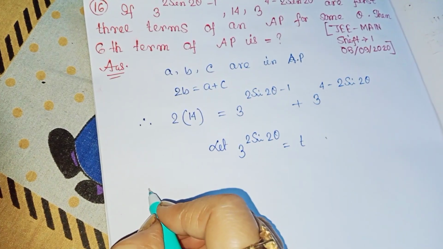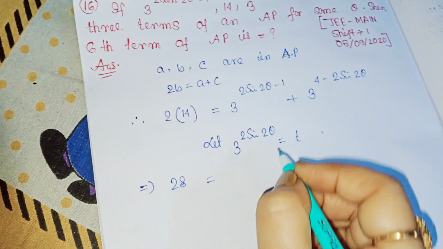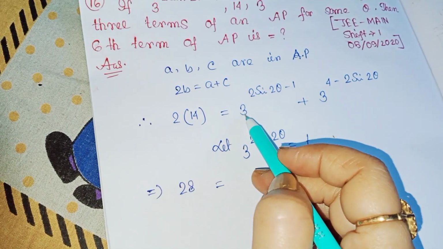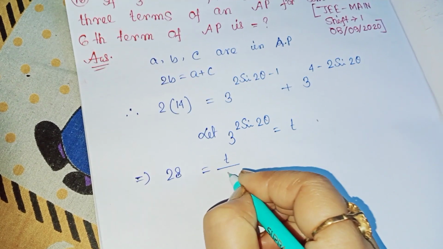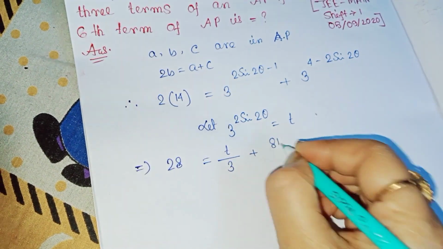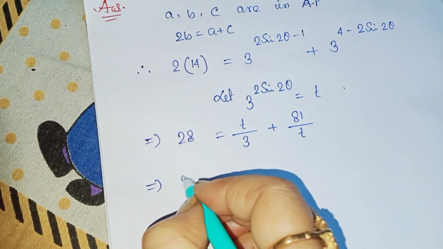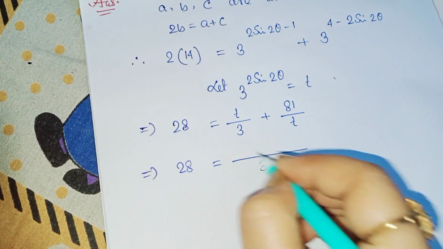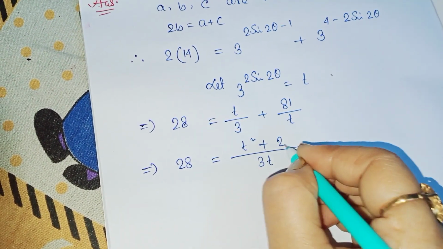So this equation becomes 2 into 14, that is 28, equals t divided by 3 plus 81 divided by t, since 3^4 means 81. So it is 28, and taking the common denominator 3t, it is t square plus 243.